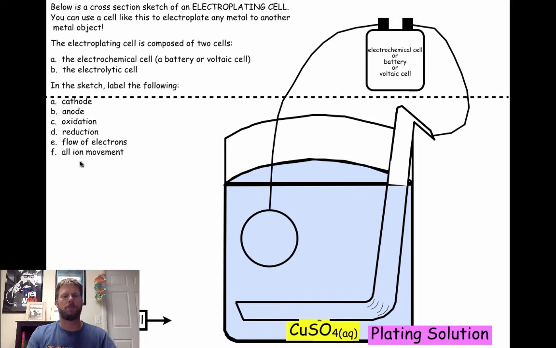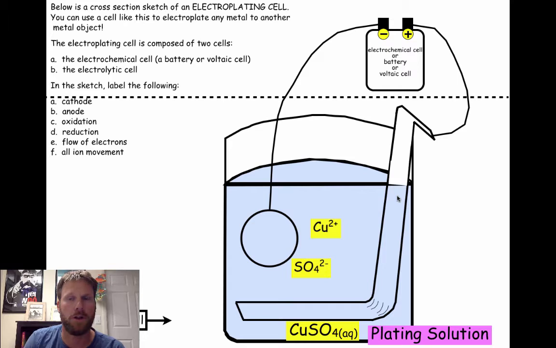So we'll start by putting the copper ions and sulfate ions into solution, and then we'll label our electrochemical cell. So the negative terminal of our battery or our power supply will be connected to the quarter. The positive terminal will be connected to the copper wire that's inside the plating solution.